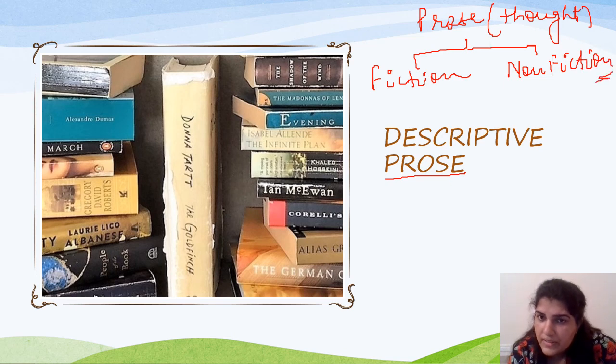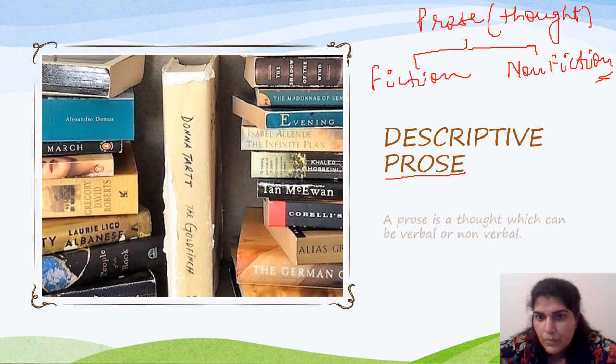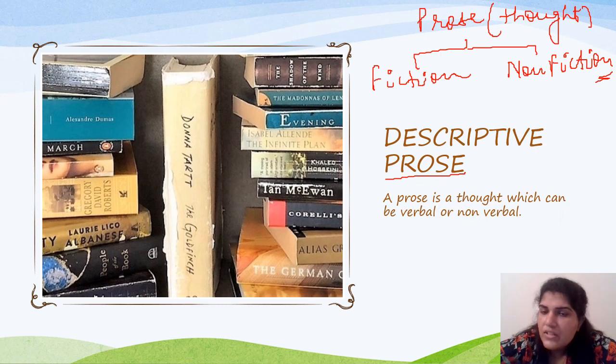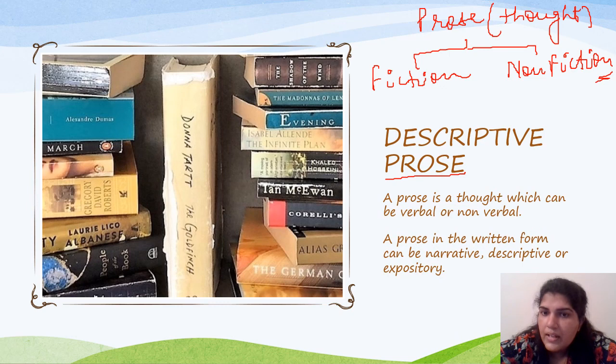Okay, my dear children? Again, we have narrative prose, descriptive prose, expository prose. So we are going to learn here what is descriptive prose. A prose is a thought which can be verbal or non-verbal. A prose in the written form can be narrative, descriptive, or expository.